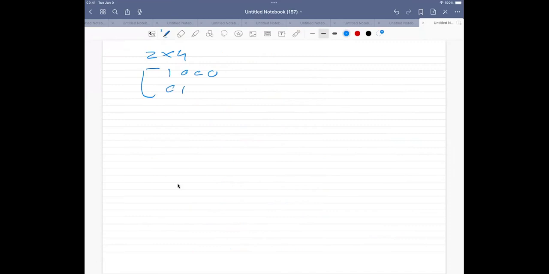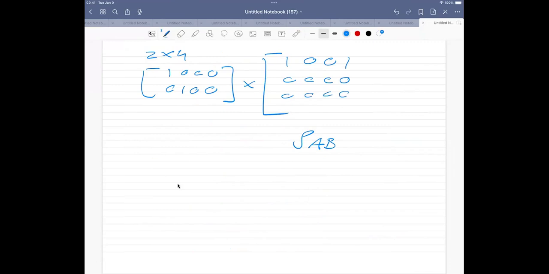which is given by 1, 0, 0, 0. And then I have 0, 1, 0. And this is now multiplied with my full density matrix. So this is rho of AB, 1, 0, 0, 1, 0, 0. And then I get 1, 0, 0, 1, like that.